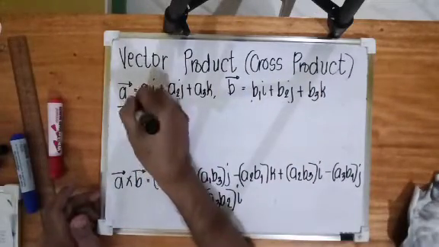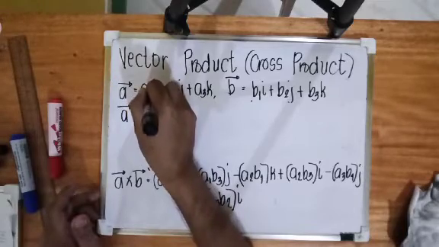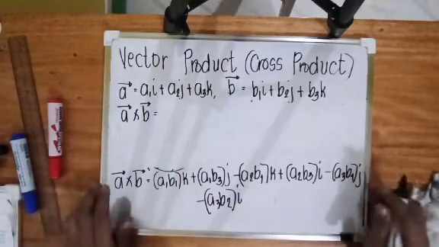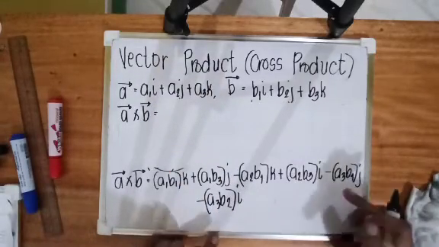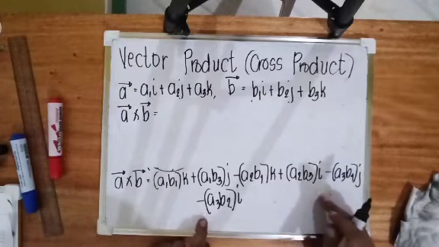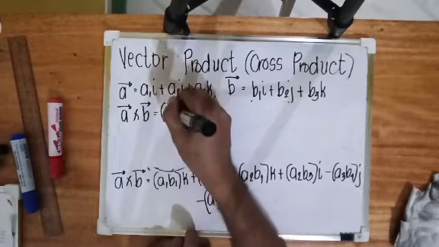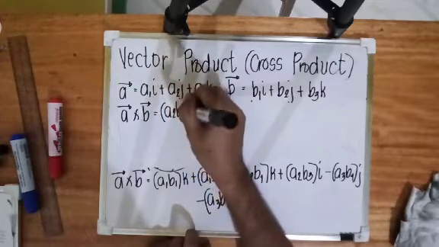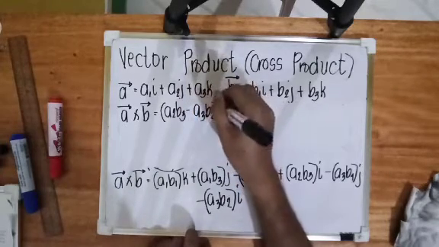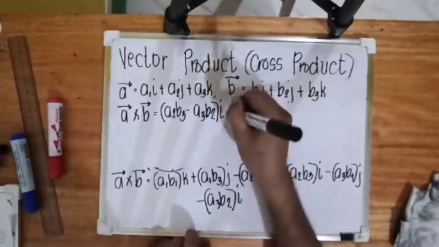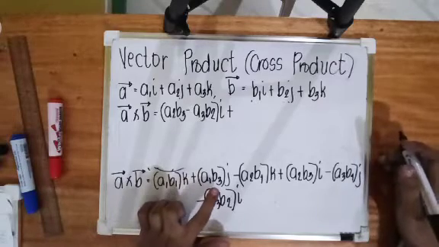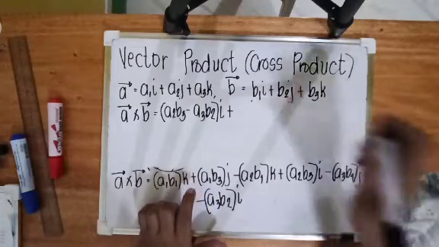So the value of our cross product of vector A and B is equal to, for our I, A2 B3 and negative A3 B2. Therefore, A2 B3 minus A3 B2 times I. Plus the same terms for J: A1 B3 and negative A3 B1.